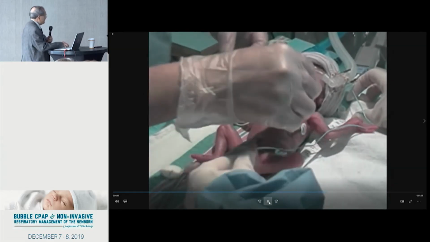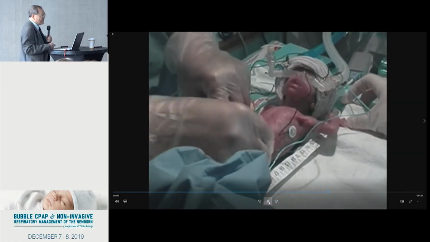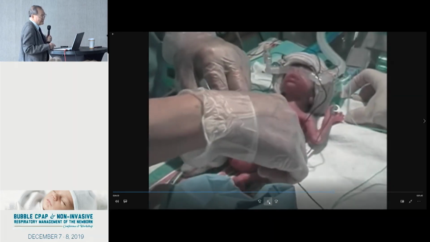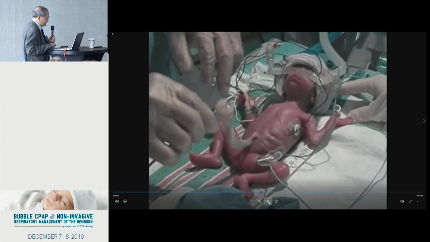So the baby, doesn't matter how small, give them a chance, okay? And you'll be surprised, many of them can be just on CPAP.